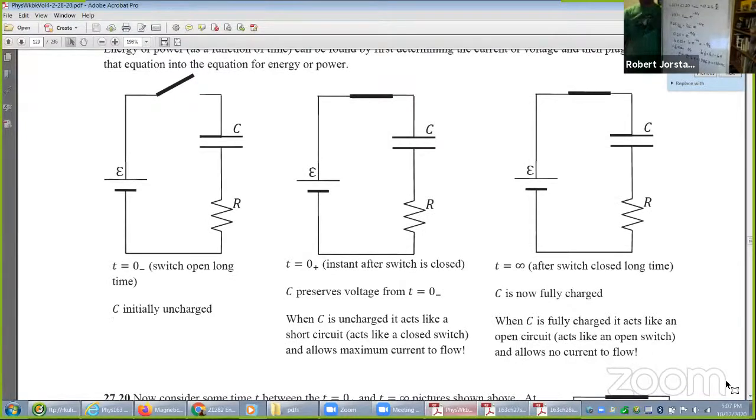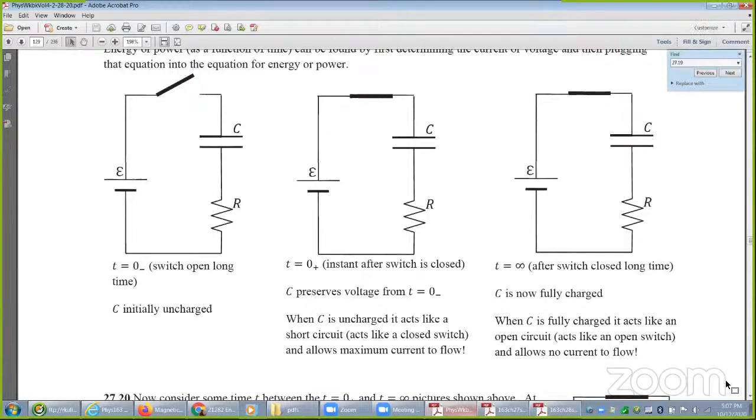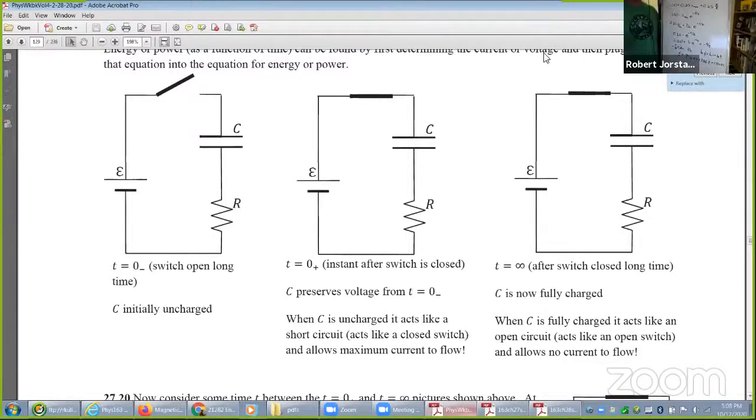For this particular circuit, if the battery has internal resistance, what would that do to tau? What do you think, Alexis? You can unmute if you want, or you could throw it in the chat too. So he thinks it would increase. What does anybody else think?